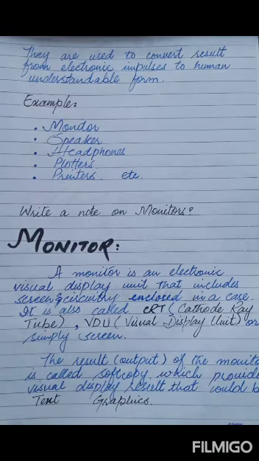From next para, they are used to convert results from electronic impulses to human understandable form. Pointer heading example: point monitor, point speaker, point headphones, point plotter, point printer, etc.